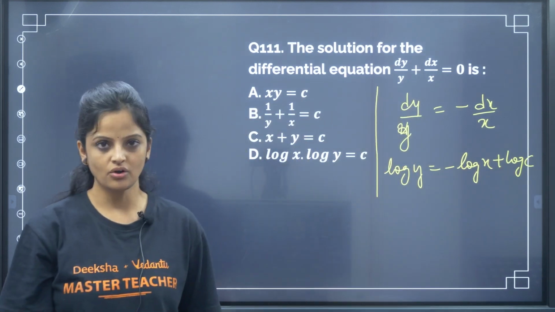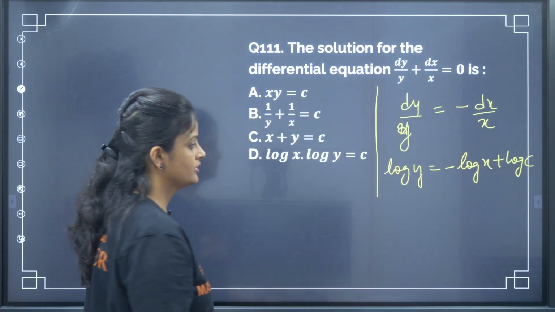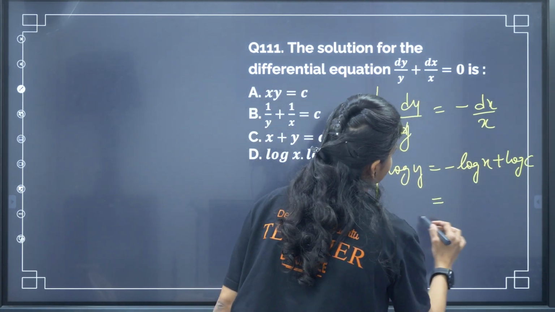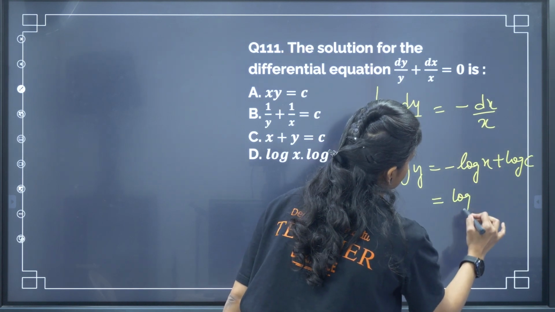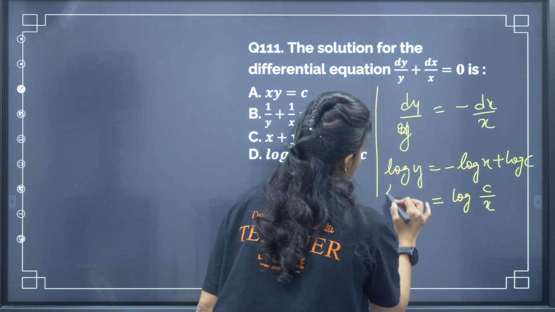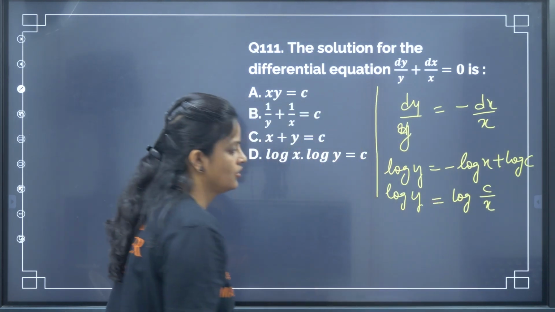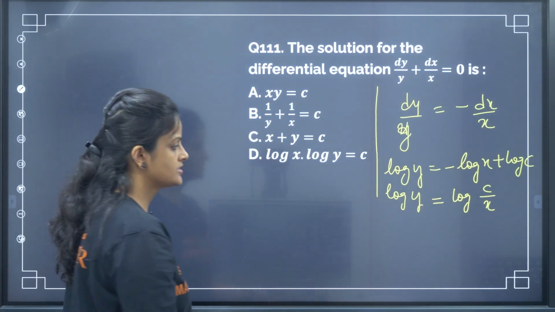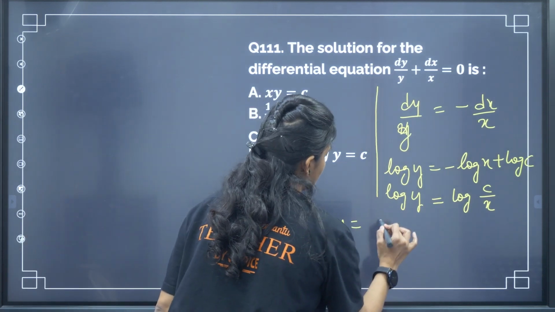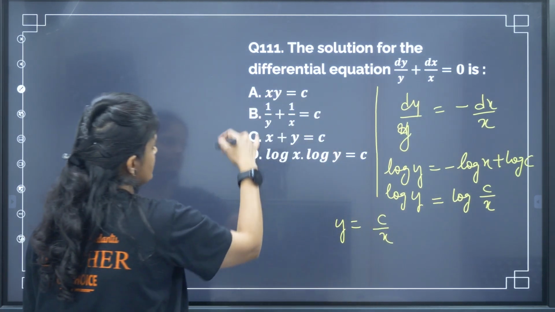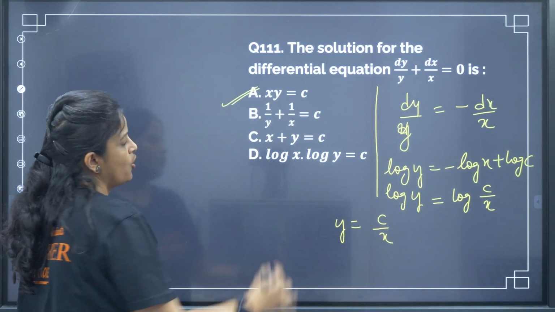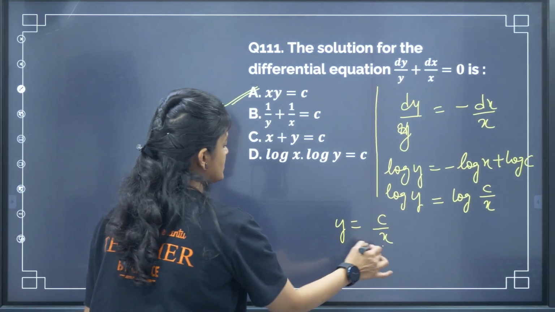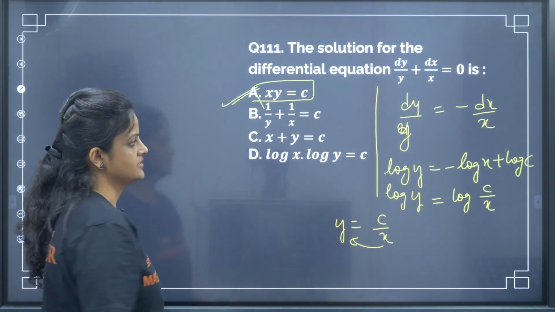When both are having log, I take the constant also with a log. So log c by x, and this side we have log y. Now I will remove the log on both sides. So y is equal to c by x. See which relation is matching with that? Option A once again. Cross multiply and we have this answer.